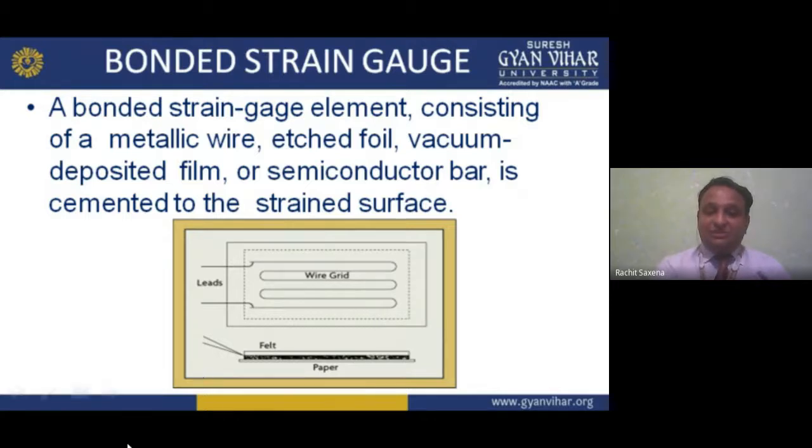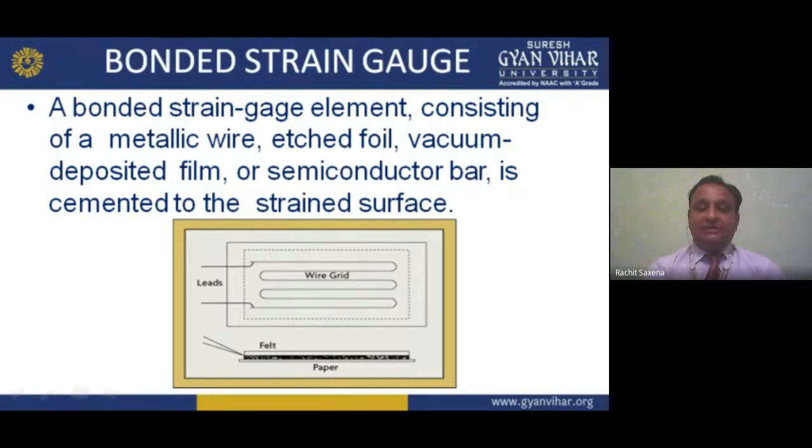It looks like this strained surface. A felt is there, paper, then we have the wire grid, we have the leads. The semiconductor bar is cemented to the strained surface.